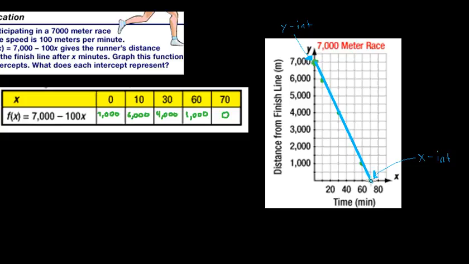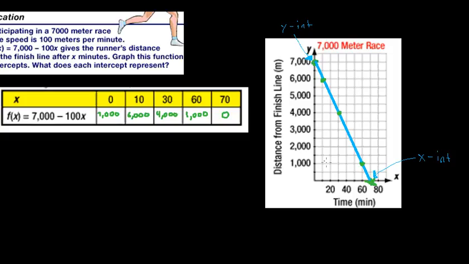But the big point is I am not going to extend this graph past these points because it's a real world application. This is where the race ends. The distance from the finish line is 0, so there's no need to extend it past this point.